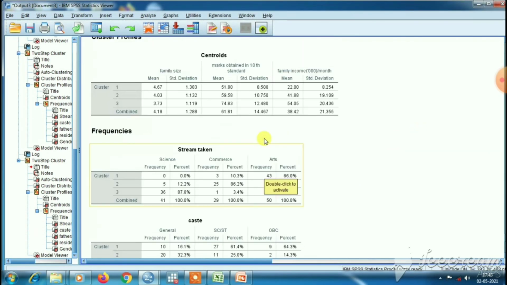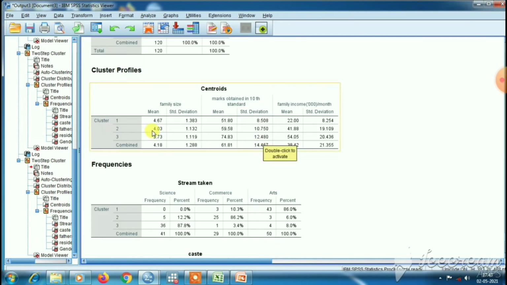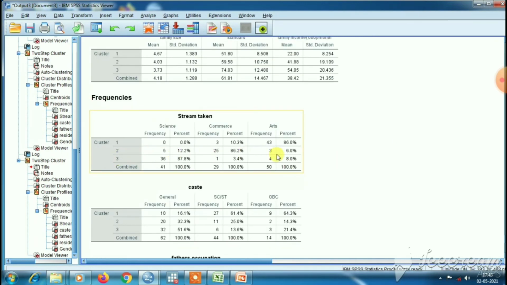Similarly, for cluster 2, the mean family size is medium, 4.03, and the mean marks obtained, 59, are less than the mean marks of cluster 3 but greater than the mean marks of cluster 1. And similarly, the stream taken by the maximum is commerce.